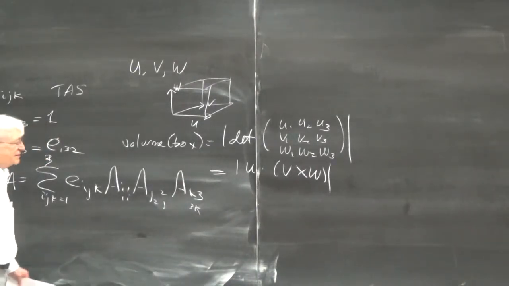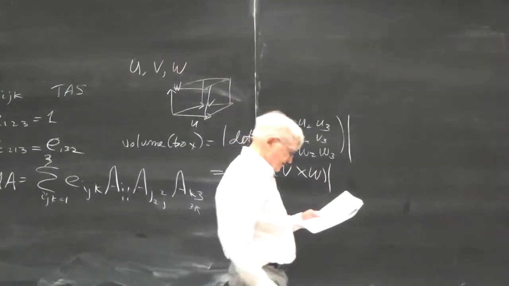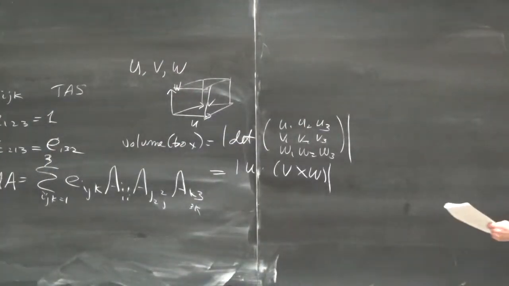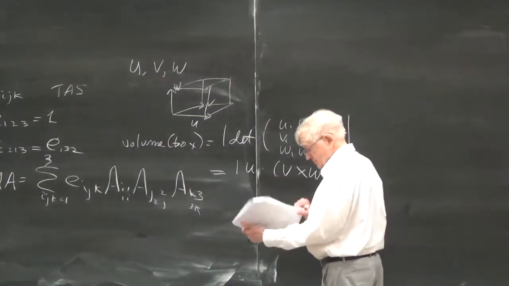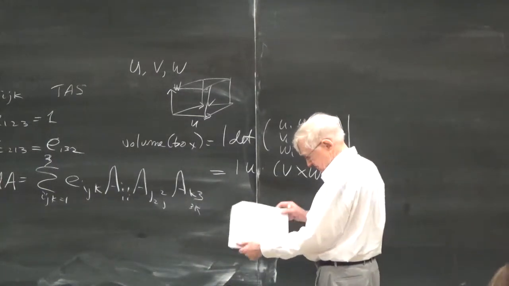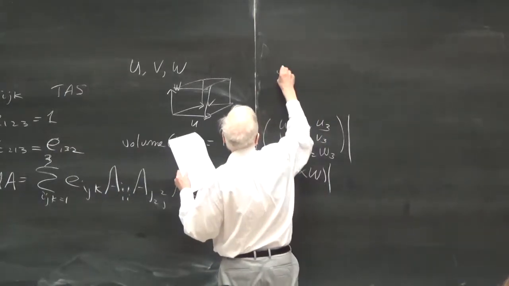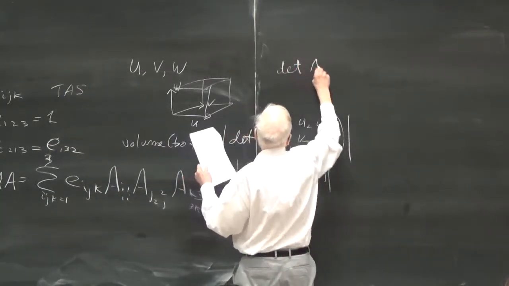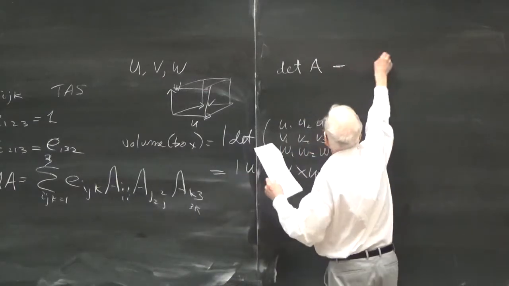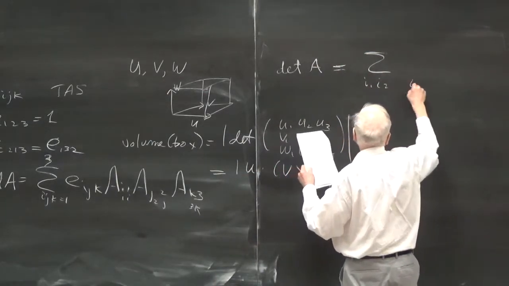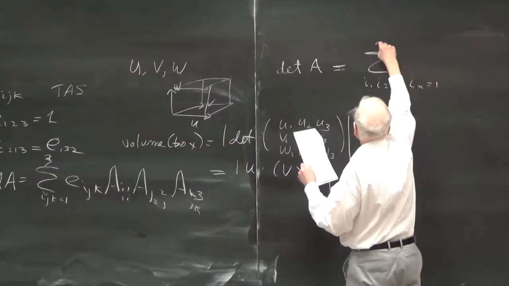Now, if you go to n dimensions, Laplace, French mathematician, probably back in the 19th or 18th century, gave us a formula for the determinant of an n by n matrix, and clearly it's a sum over I1, I2, up to In from 1 to n.